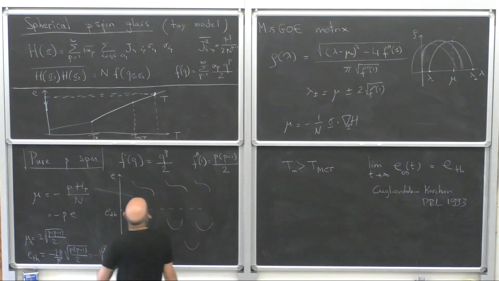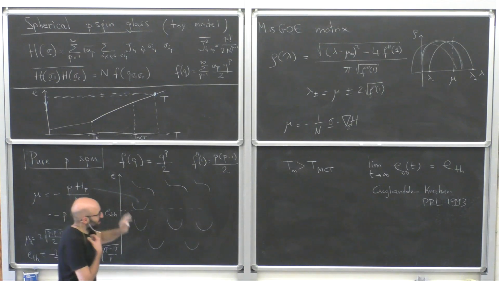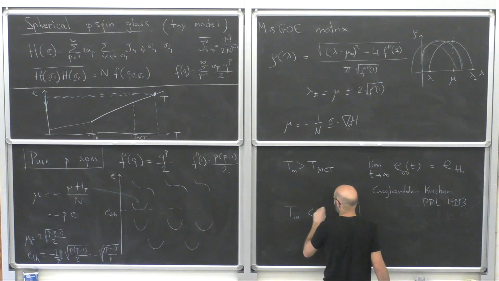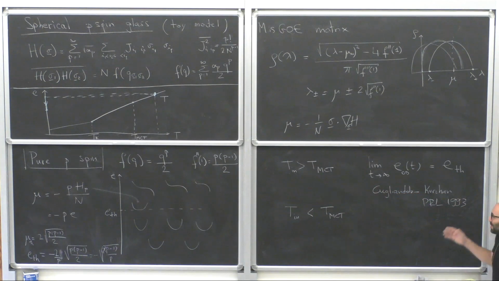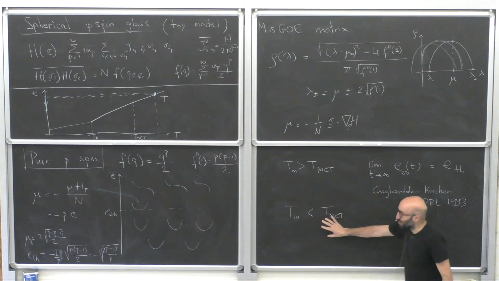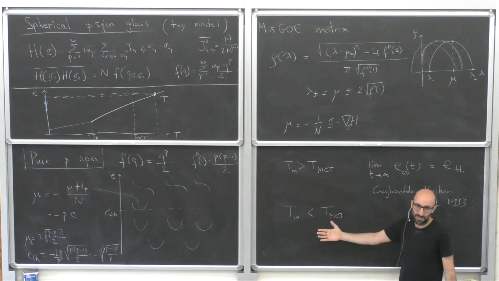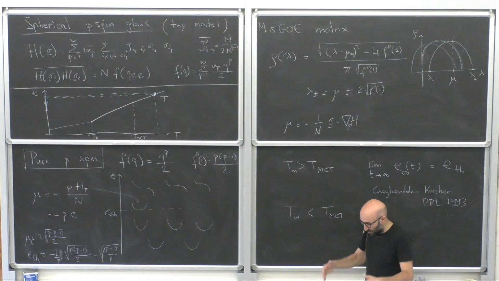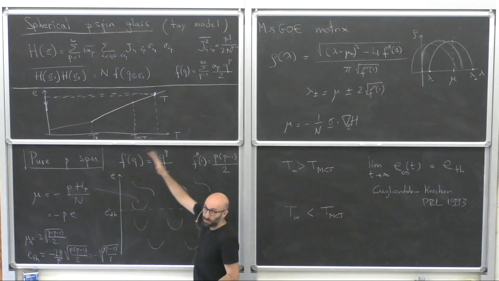So if you instead start below T_MCT, what happens? Now, this is not so interesting because I told you that you cannot start in equilibrium below T_MCT. At least if you have a normal computer and you're trying to equilibrate by cooling, you will never be able to equilibrate below T_MCT.